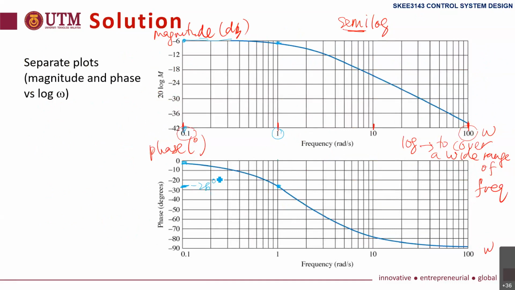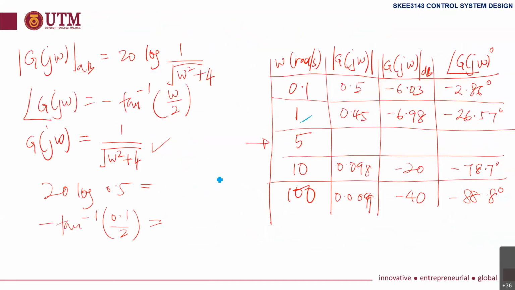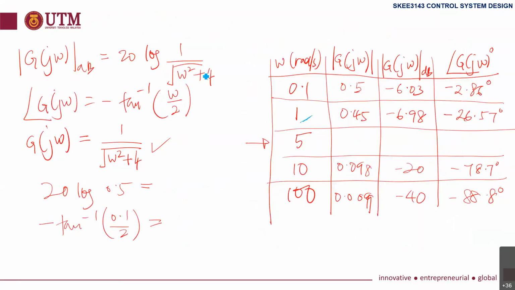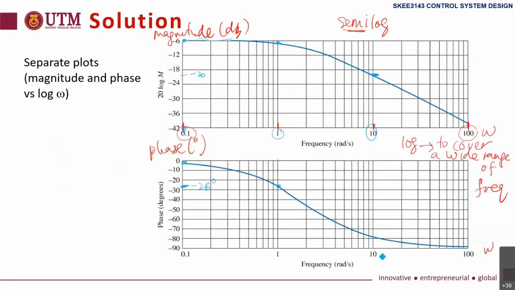Okay. Next, we look into 10, which is -20 dB. This is 10, and here is -20, between 18 and 24. The phase at 10 is almost -78 degrees.